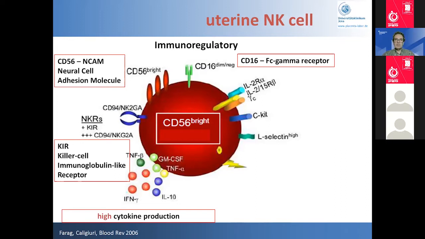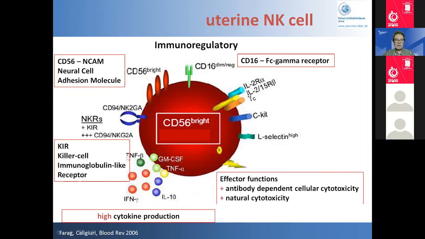In contrast, uterine NK cells also do express CD16, but at very low levels. They express CD56 in high levels. They have a different KIR profile, but they express a high number of cytokines and growth factors.